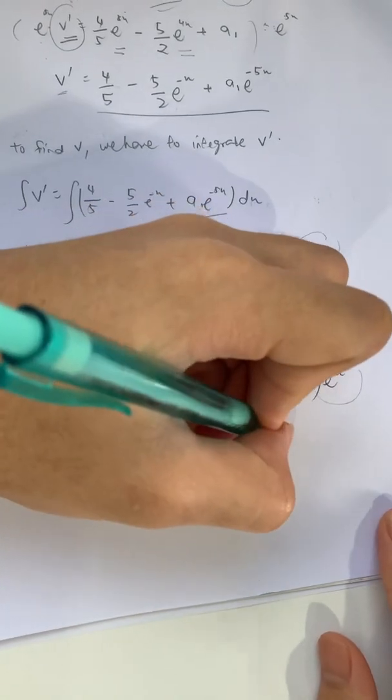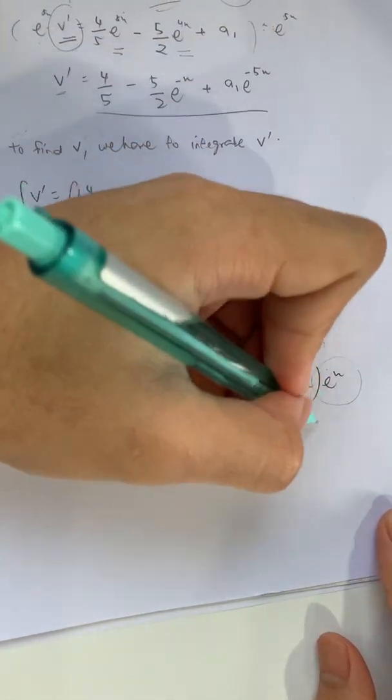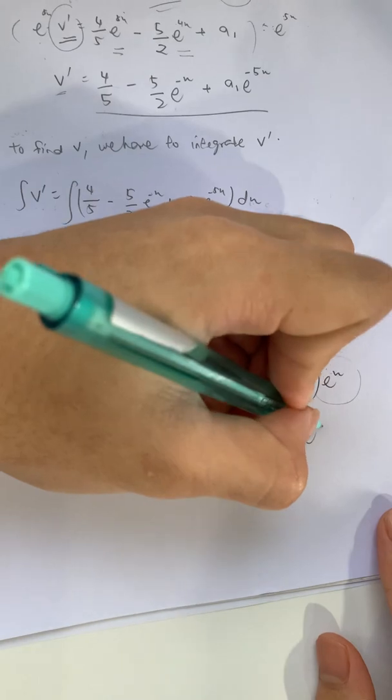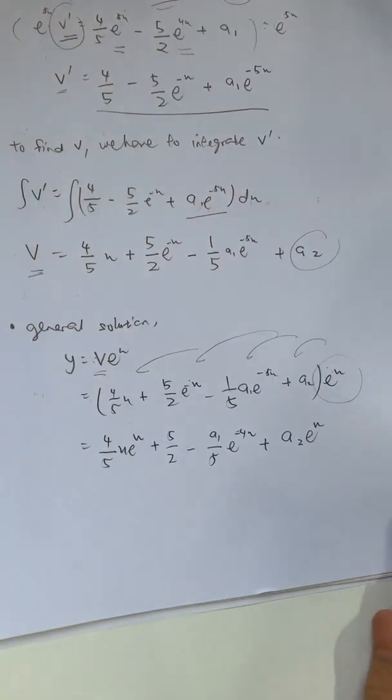So lastly, the constant a2 times exponential x, we get a2 exponential x.